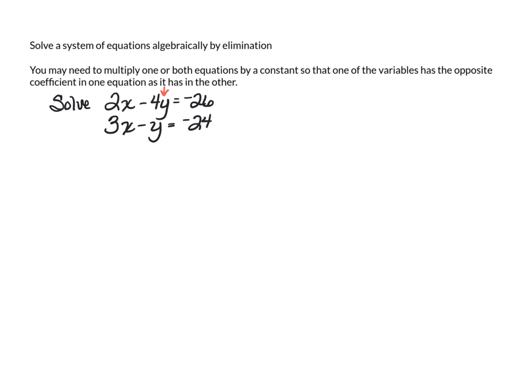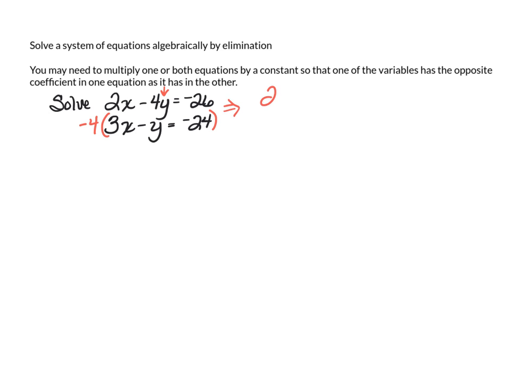If I multiply the second equation by negative 4, I can turn this negative y into a positive 4y, and that will allow me to add those equations together and eliminate the y's.